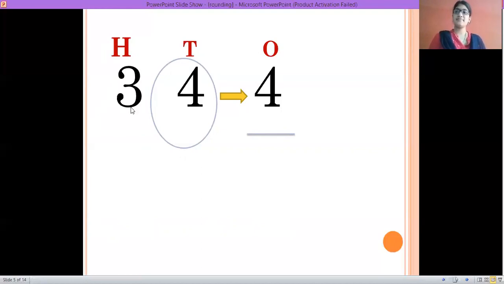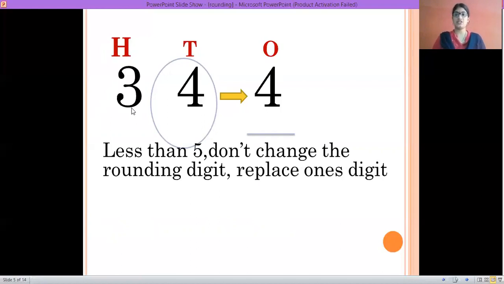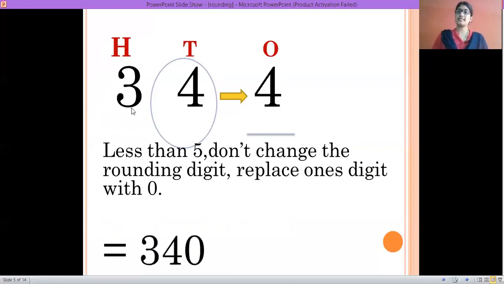We'll write them the same. That is, we'll not change them. So here, if it's less than 5, don't change the rounding digit. Replace the ones digit with 0. So now what's the answer? After we round this 344, what is the nearest 10 for this? It is 340. Children, are you understanding?